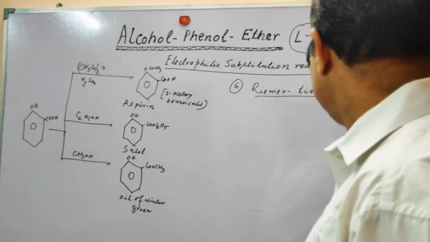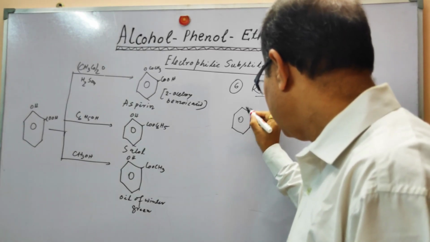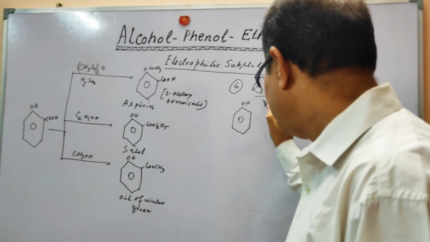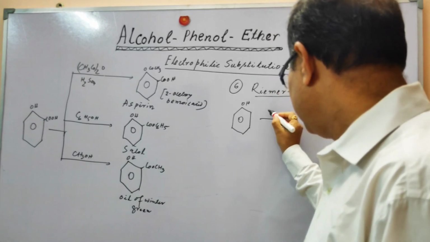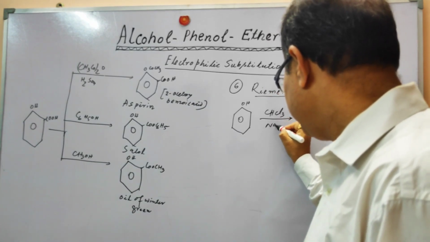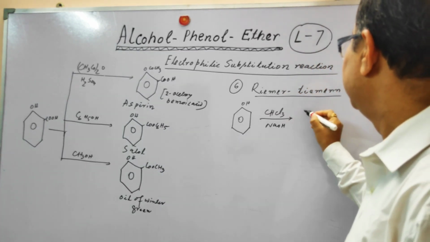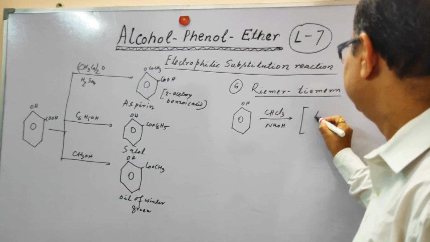In this reaction, phenol is reacted with chloroform in presence of NaOH, and it is going to produce an intermediate.